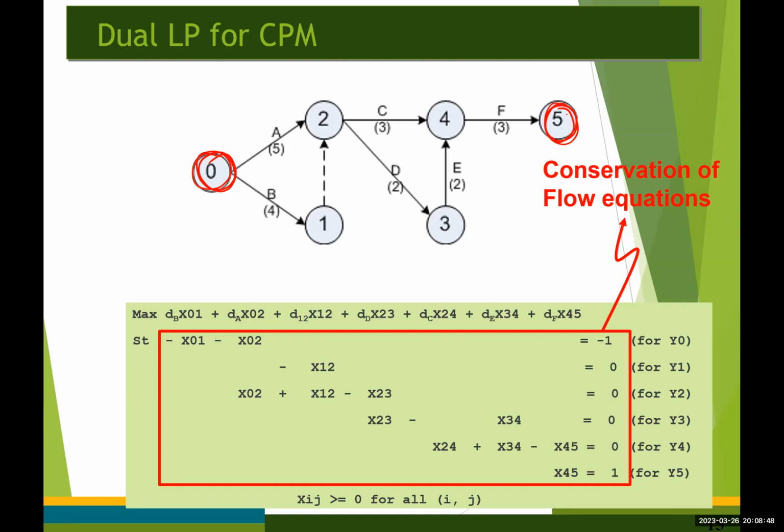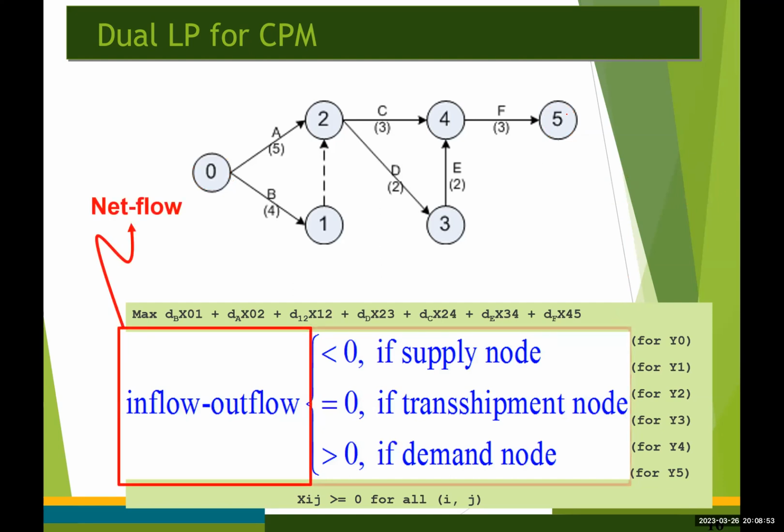So the left-hand side of each constraint is going to be the flow into the node minus the flow out of the node. So the difference is going to be the net flow generated at each node. And the right-hand side value is going to be the net supply value, which is inflow minus outflow at each node.